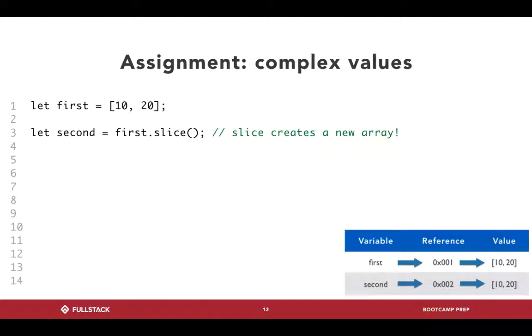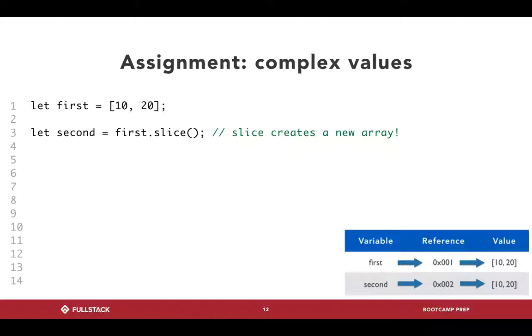And so what slice does is create a new array that's a copy of the array that we're slicing. So in this case, first points to this reference with this value. When I do second equals first.slice, what first.slice will do is basically create another value with the same exact array value, but we put that under a different address.